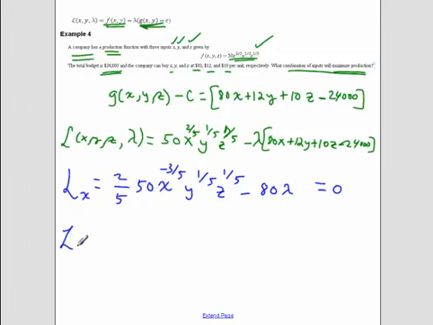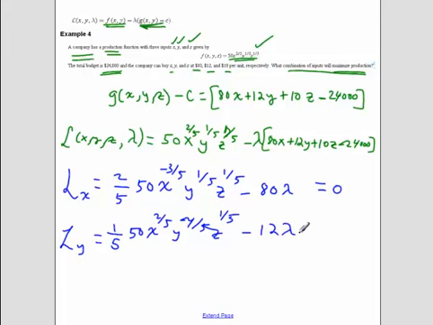And then partial with respect to y, a little bit similar, and this also must be equal to 0.